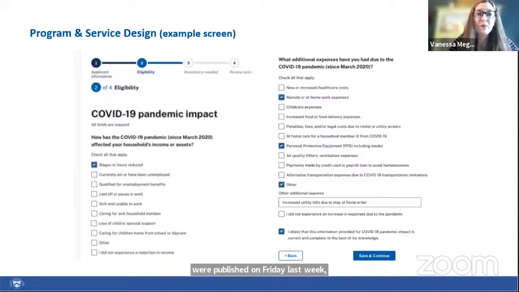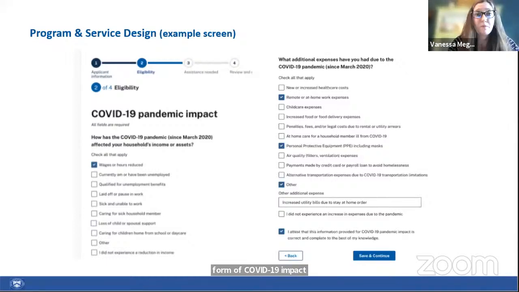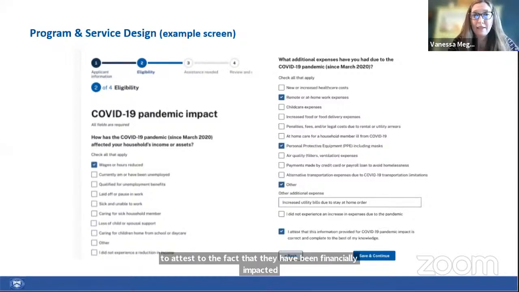So for example, this is an example form of COVID-19 impact, what a grantee might present to an applicant to attest to the fact that they have been financially impacted, indirectly or directly, by the COVID-19 pandemic.